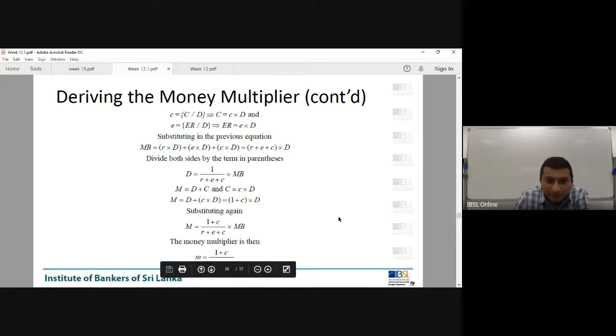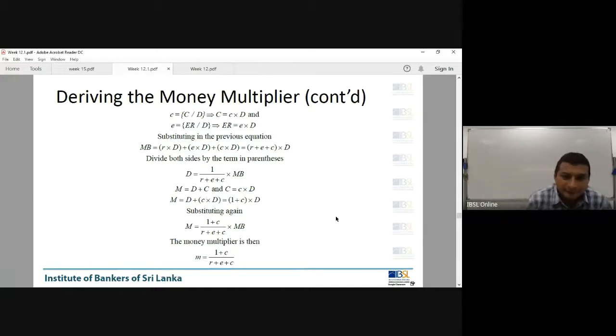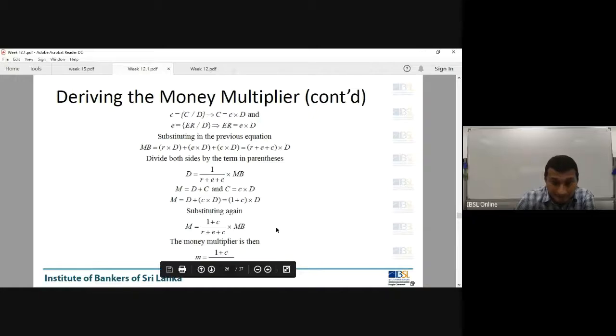So what you are doing here is substituting again to derive this, and you are leaving the money supply as nothing but 1 plus c over small r plus small e plus small c, that is all ratios.